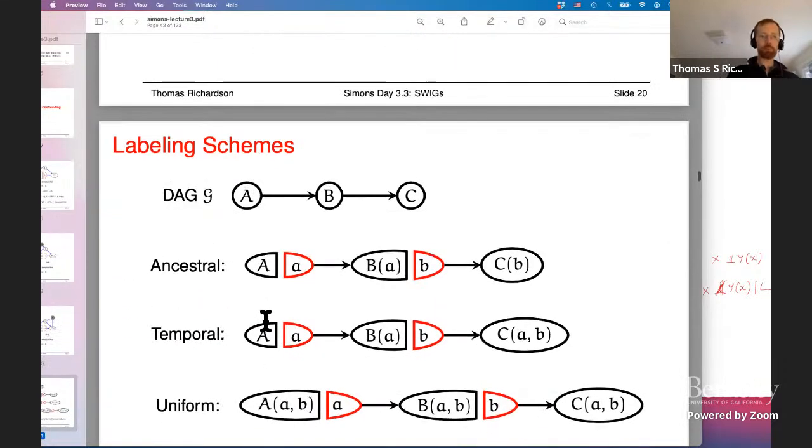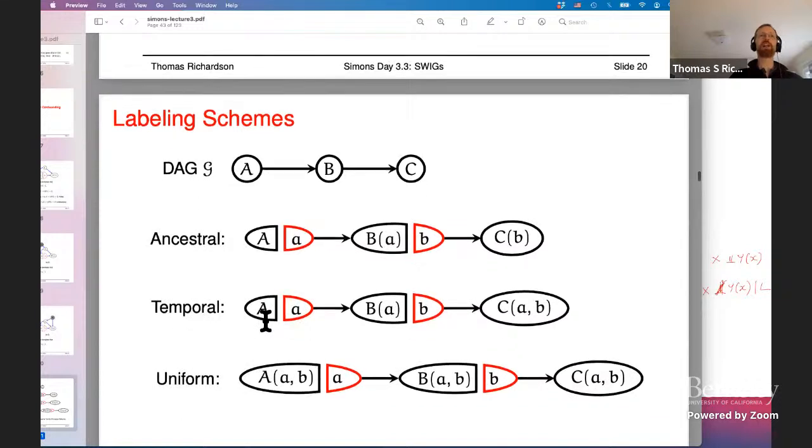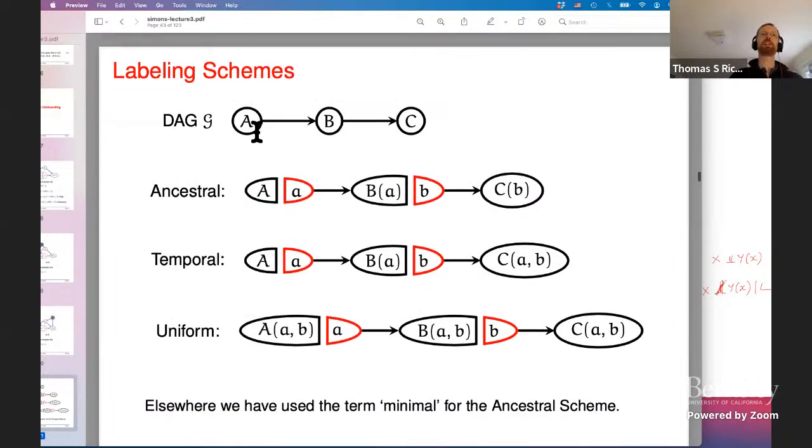Okay, I want to say a word about labeling. So up till now, we just had this scheme. We started off with this graph. If I split on A and B, and I label, then I get this graph. There are situations where we want to use other labeling schemes. So one labeling scheme would be, for example, that when I split, everything that comes temporally after a given node gets labeled with that.